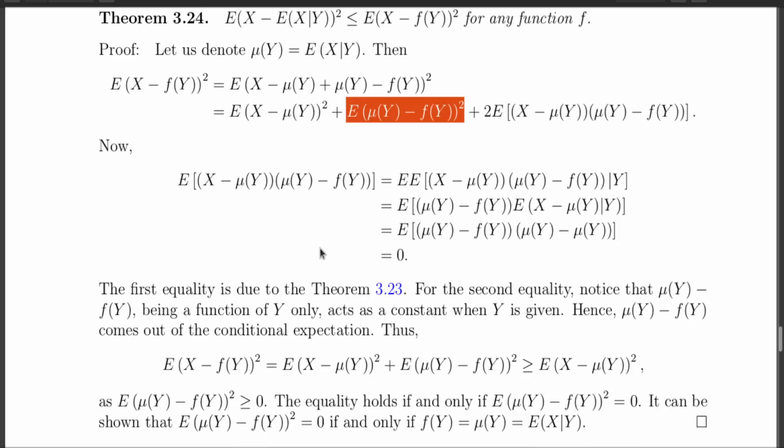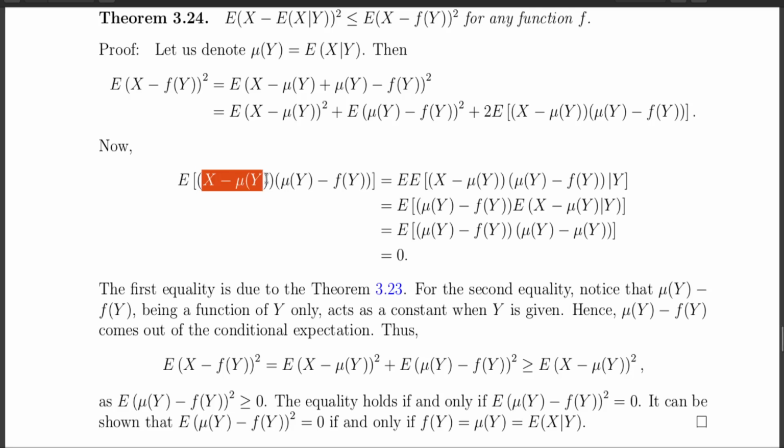So how can I show this cross product term is zero? Notice the expectation of this one, again using the previous expectation theorem.